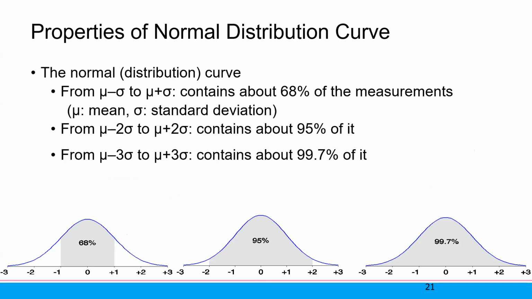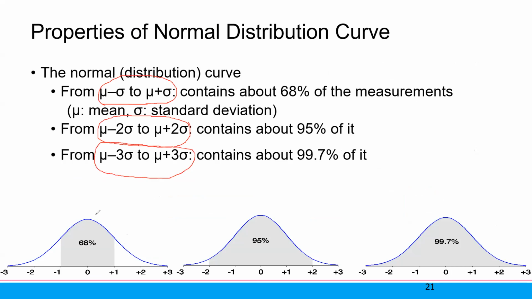Usually we will handle only normal distribution data. As I mentioned to you, the normal distribution can be distinguished into the normal distribution for one standard deviation, or the normal distribution with 2 standard deviations, or the normal distribution with 3 standard deviations.